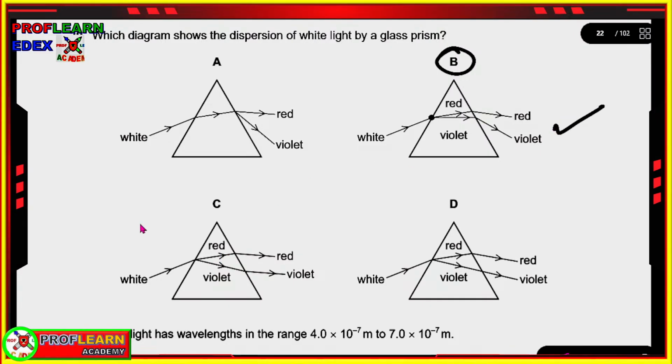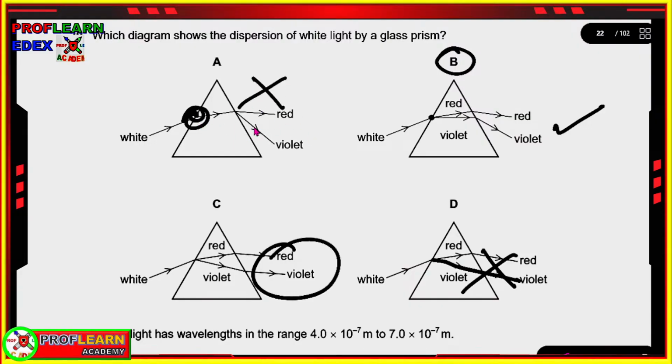This one is wrong because these two rays are parallel, which is not true. This is also wrong because it's not refracted, just moving straight. This is not correct either, since a refraction should be taking place at this point.